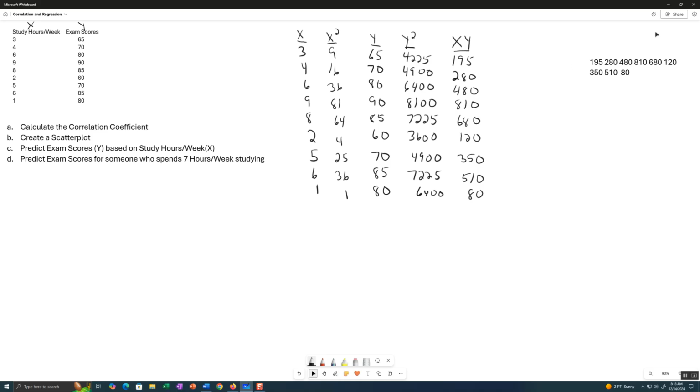Now that I have all those columns set up, I can now find the sum of all these columns.